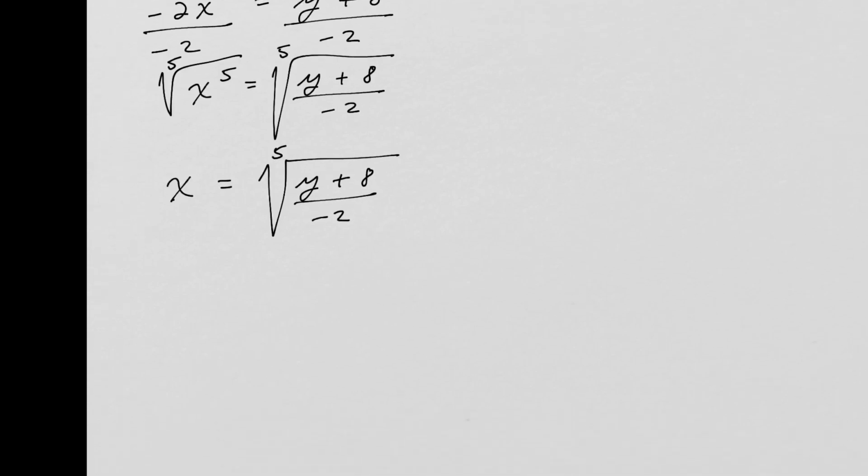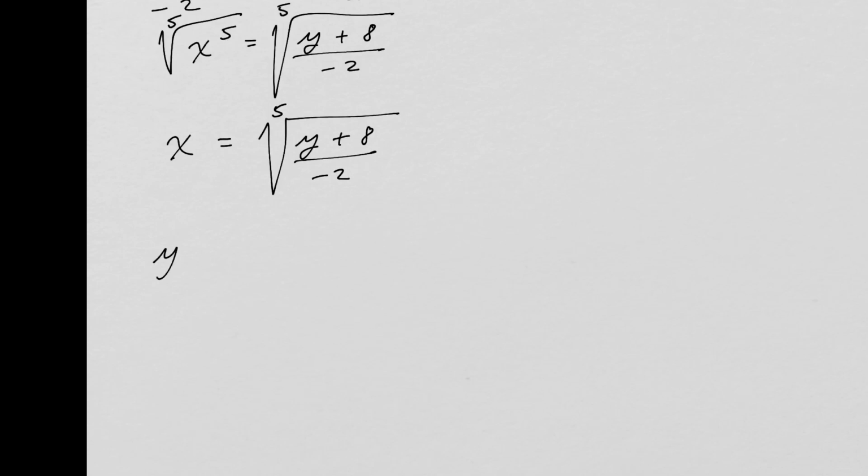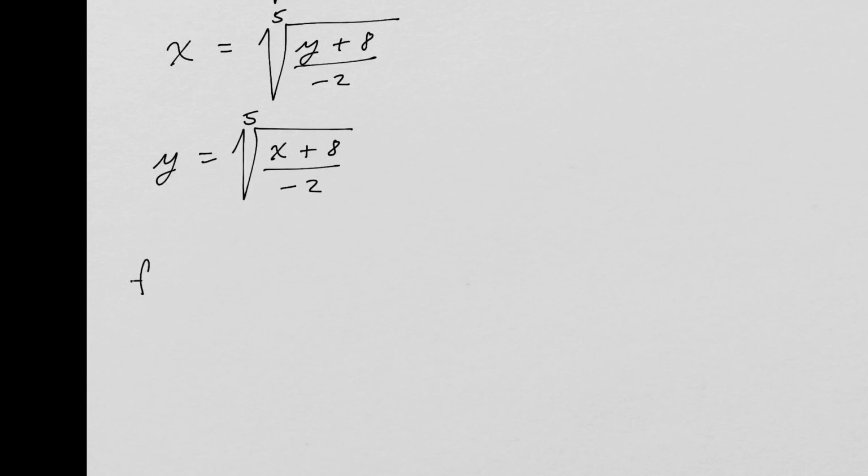And then finally, you can switch variables. So this is y is equal to the 5th root of x plus 8 over -2. And that should be my inverse. Okay, let me plot these. So that should be the inverse. And let's make sure that this is the case.